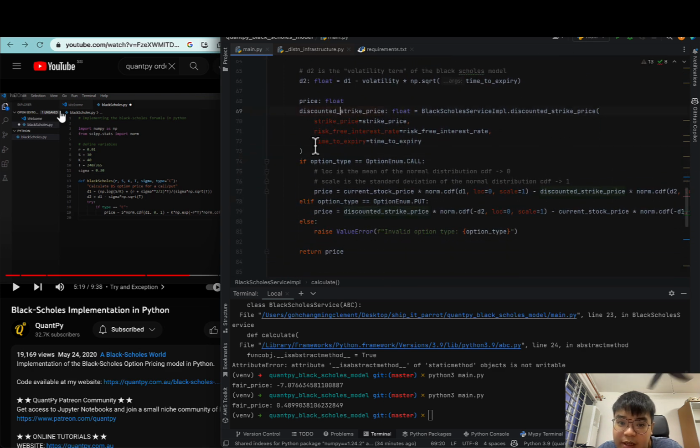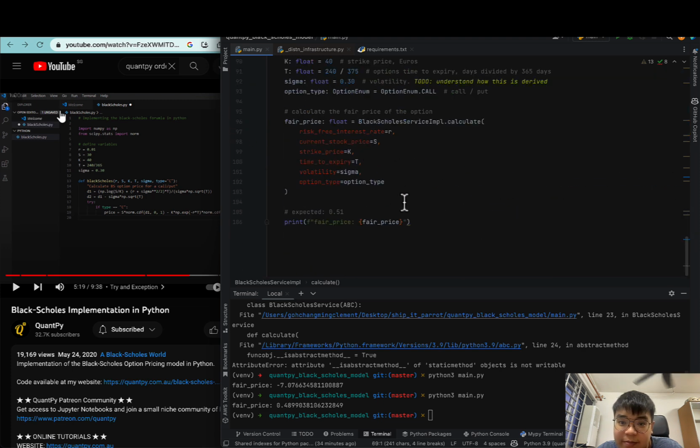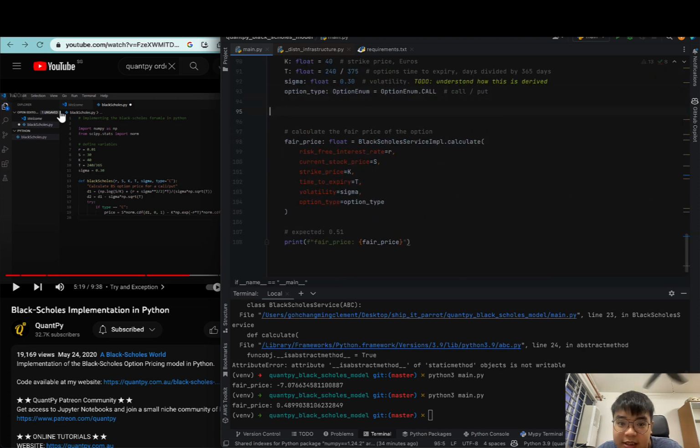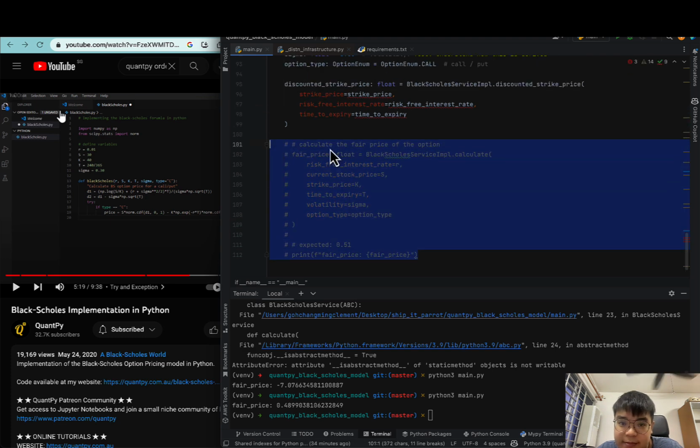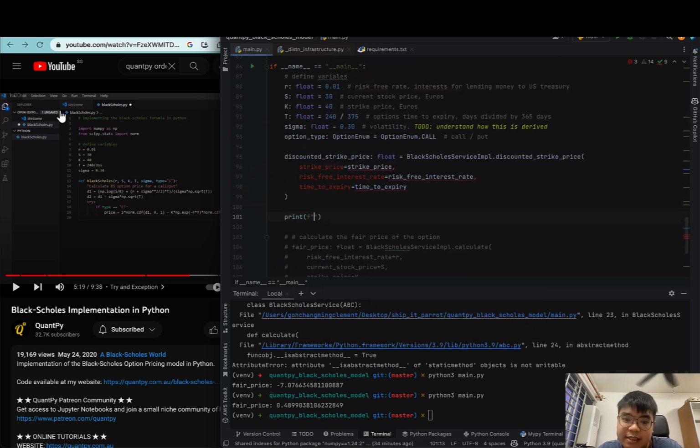So for example, if I wish to understand how the discounted strike price changes with a higher or lower interest rate, let me comment this out, and let's say I'm interested in the discounted strike price at 1% interest rate.